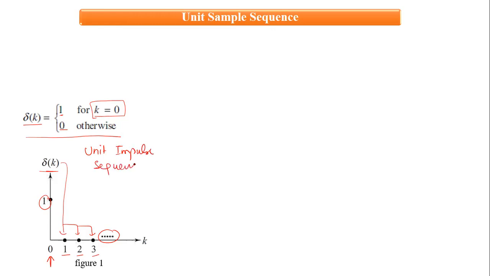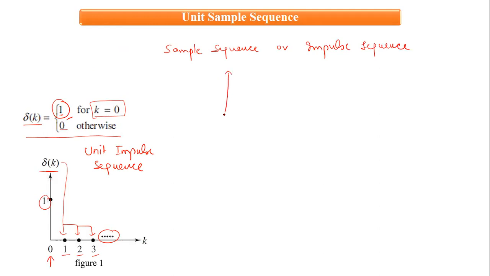So why are we calling it unit? Because its magnitude is 1 for k equal to 0. Otherwise, we can also see it as a sample sequence or impulse sequence or impulse function.